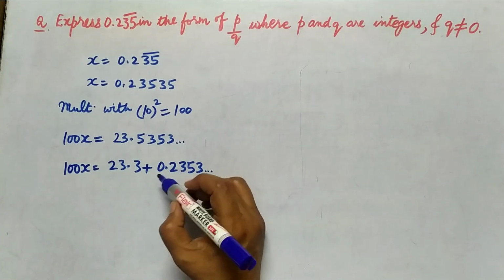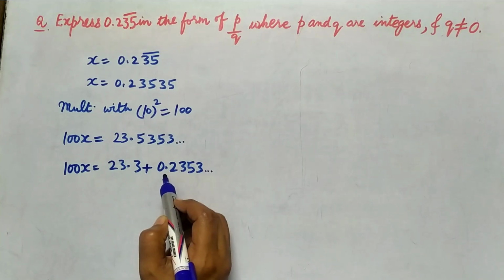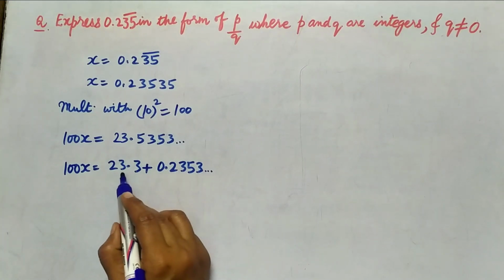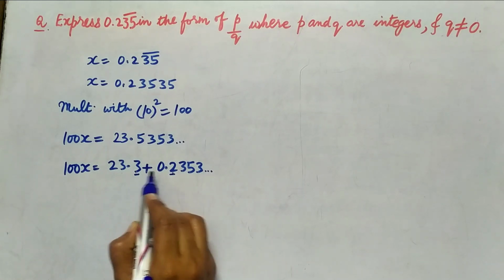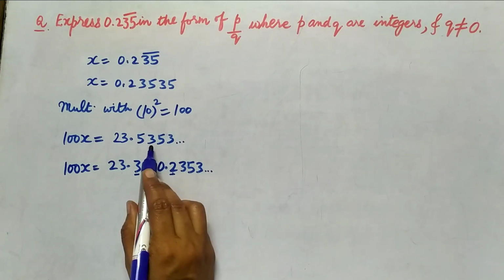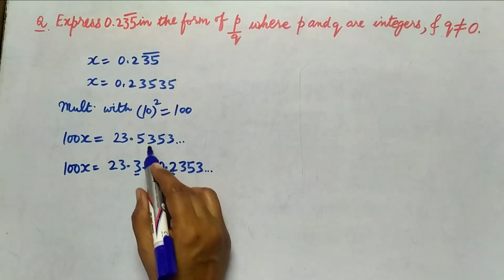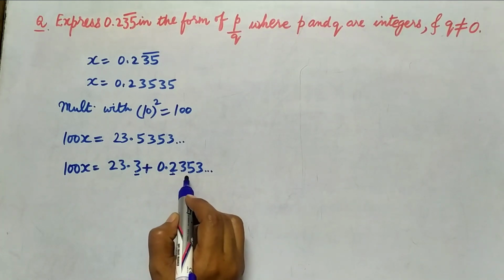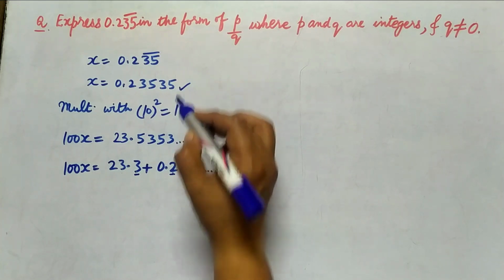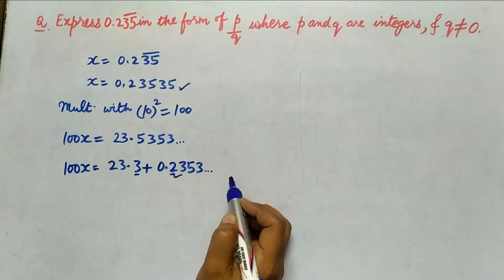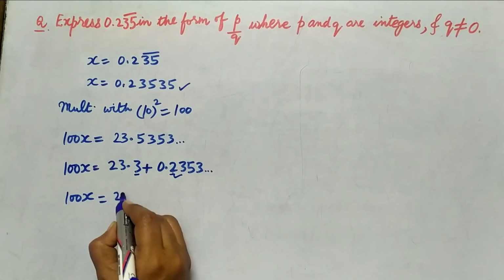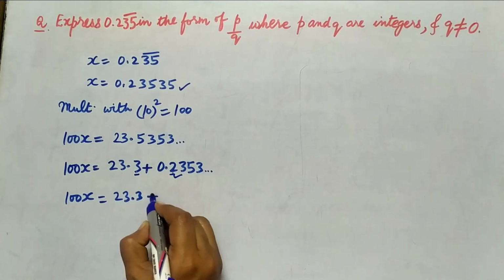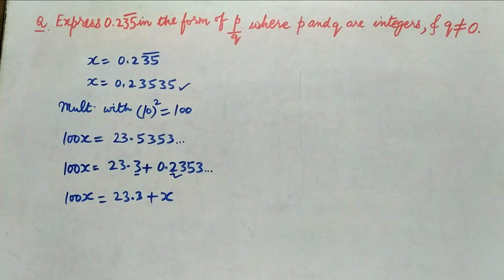So when we add them, we will certainly get 23.5 with these numbers 5353. Why have we broken it like this? So as to get the value of x here. It is our x, and we can write 100x is equal to 23.3 plus x.